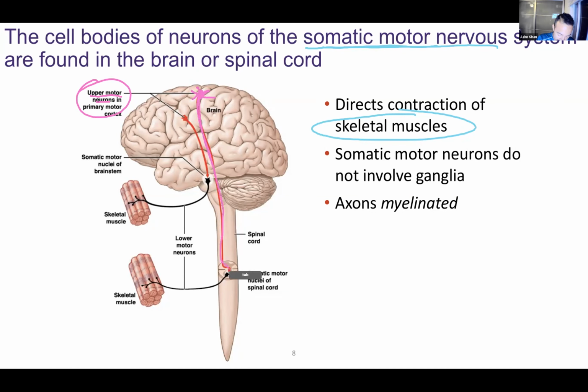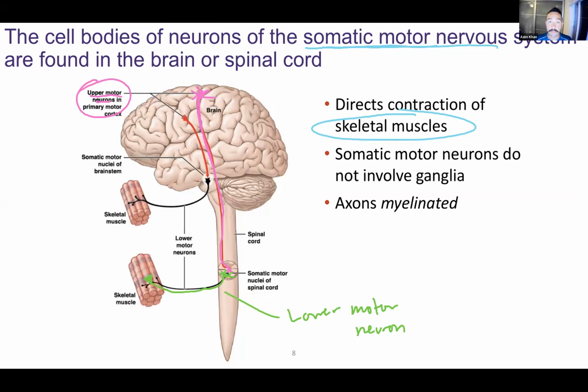It may or may not decussate in the medulla oblongata, but it's going to synapse here in the spinal cord, in the ventral horn. And then from there, I'll draw our lower motor neuron in green. Multipolar neurons starting in the ventral horn, exiting out the ventral root, synapsing onto a skeletal muscle.